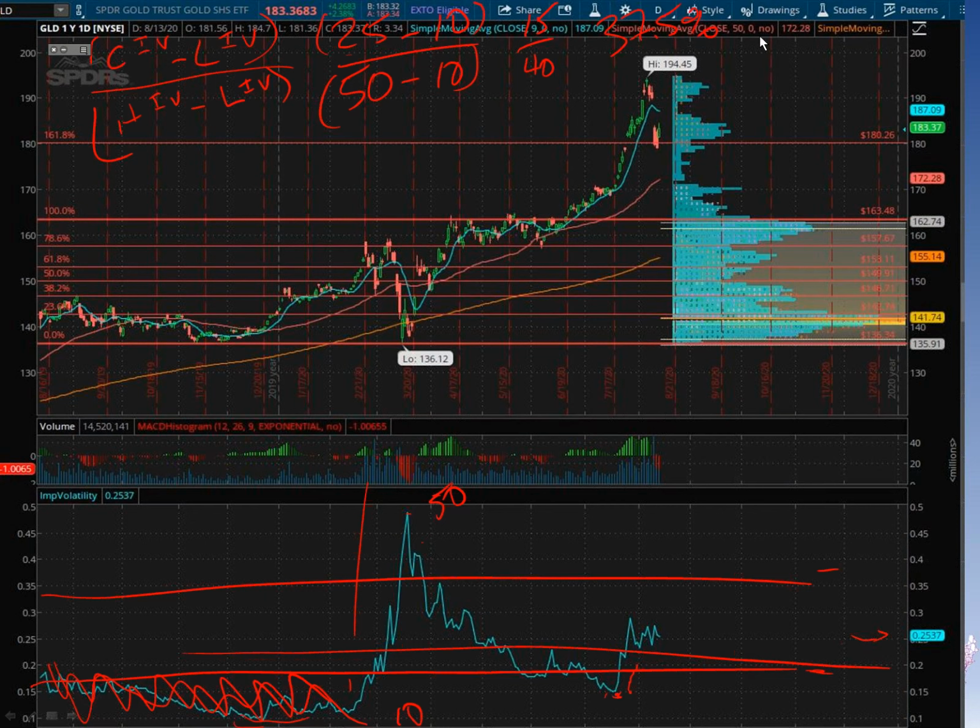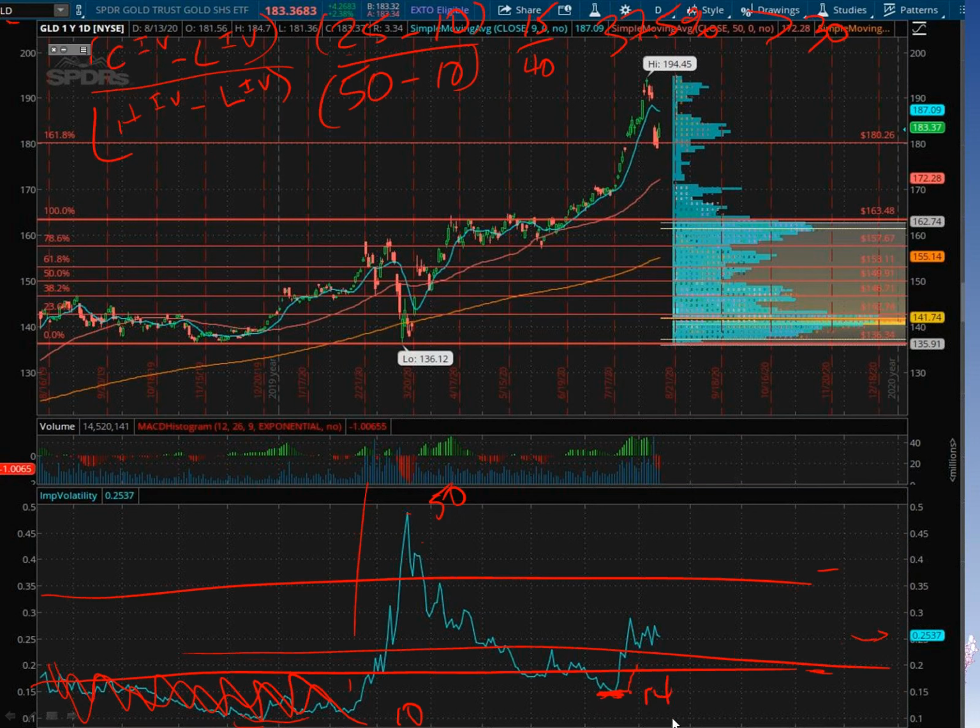What was my rule? If it is greater than 30 for an ETF, which is GLD, then that is a green light. If it's greater than 30, we're looking to sell premium. If I wanted to discount some of this, let's just say this is the low right there.